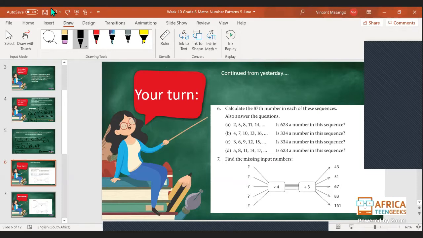And this would be the first, second, third, fourth, fifth term. Okay, and you're adding 3 to each of those terms. Now they say calculate the 87th term in each of these sequences. Let's please find the 87th term.